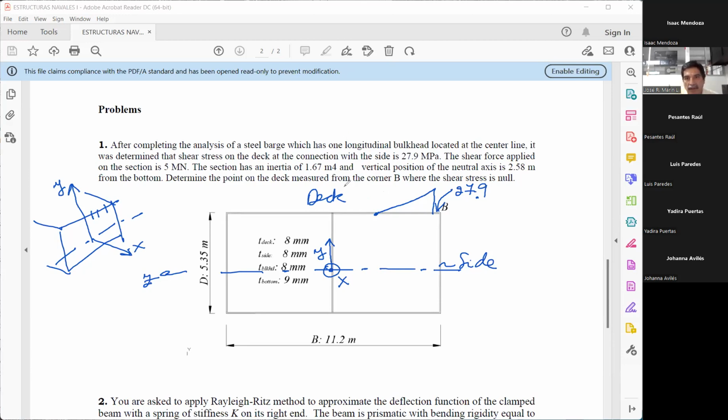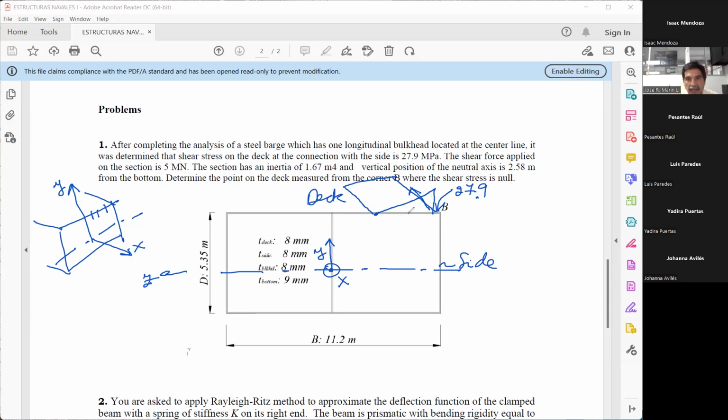If I do a cut, on this side here there is no stress. On this side here I have 27.9. So it's going to be like this, and this value here is 27.9.